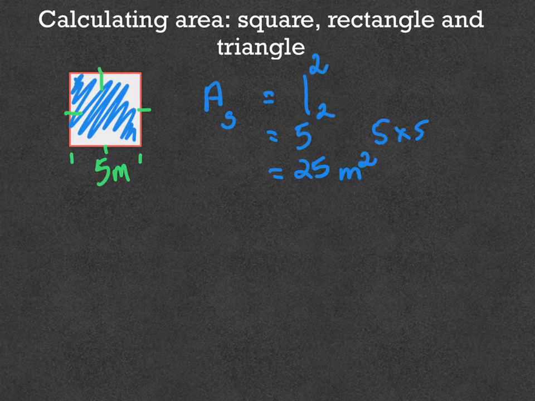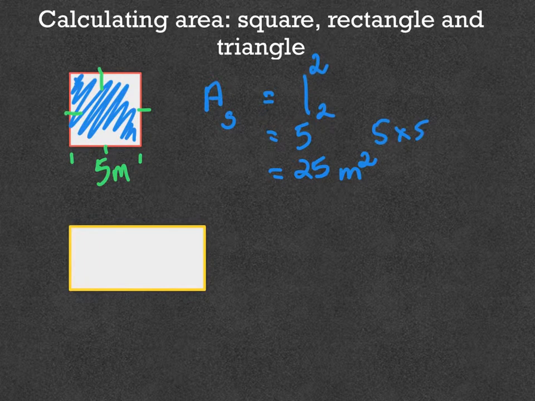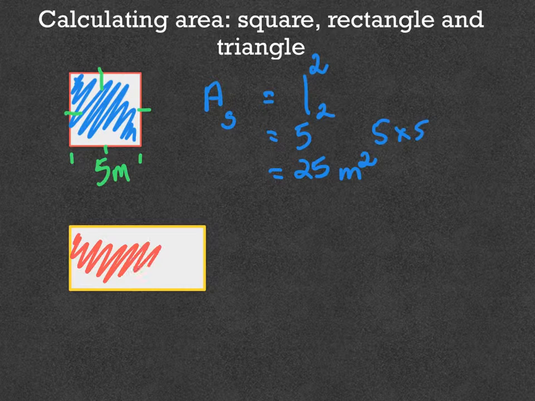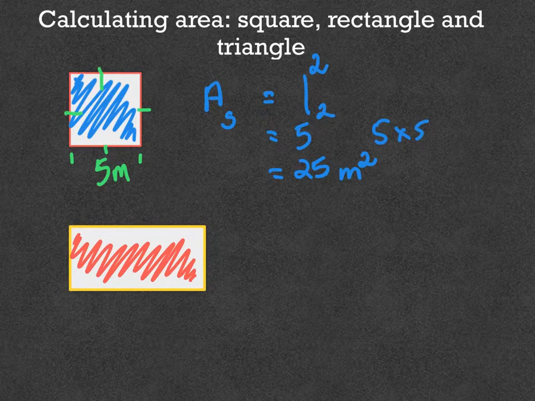Now let's get going on to our rectangle. Just like before, we're concerned about the measurement that's happening inside the square, or sorry, I should say rectangle. Once again, you may have remembered from other maths lessons, we have the length of our rectangle and we have our width.